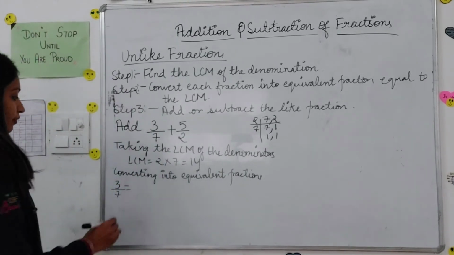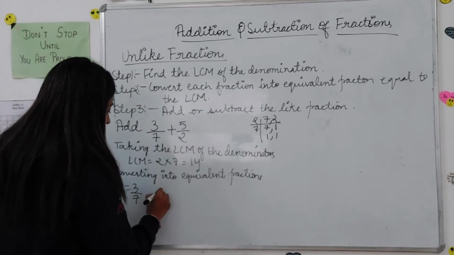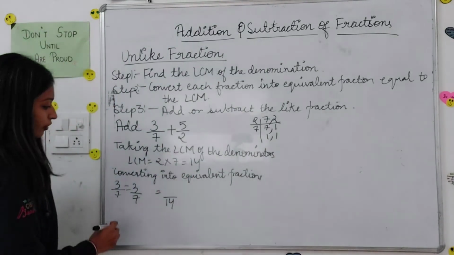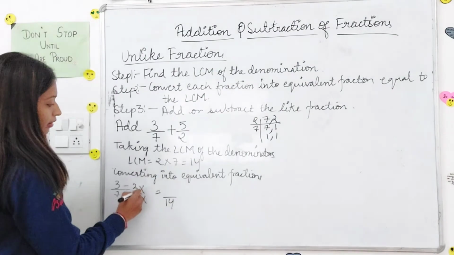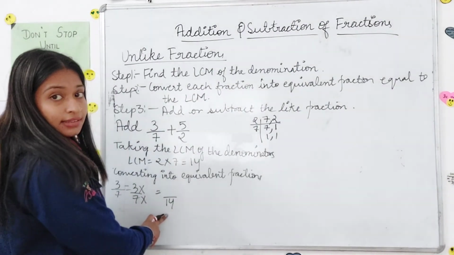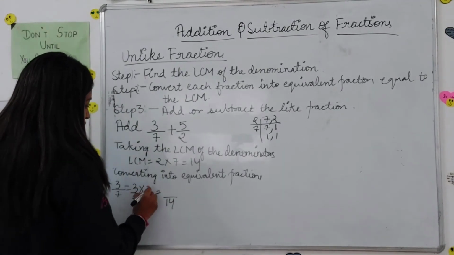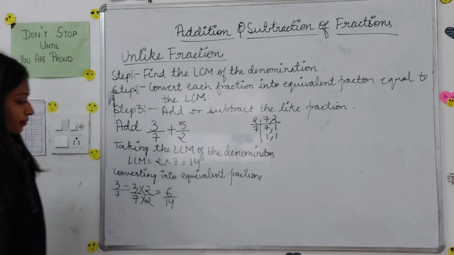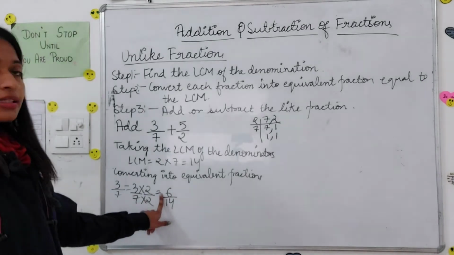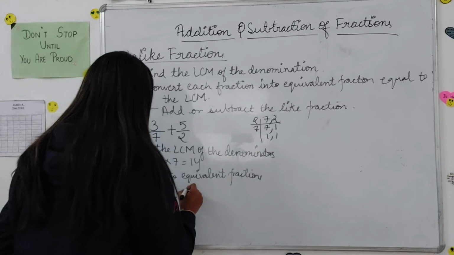Now first of all we will convert 3/7 into an equivalent fraction, so that the denominator should be 14. We will multiply the numerator and the denominator by the same number, so that we get 14 as the denominator. So 7 into 2 is 14, and 3 into 2 is 6, so we get 6 upon 14.